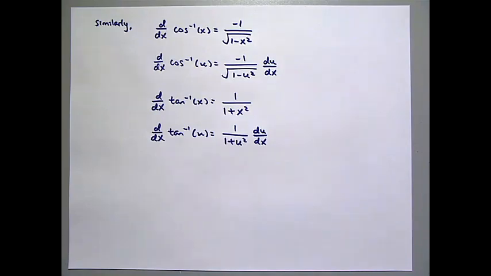Okay, I don't recommend memorizing these because, first of all, you don't need these too much. It's not very often that you encounter inverse sine, cosine, and tangent in most applications. It's not very common. The only time you really need it is on exam 2.